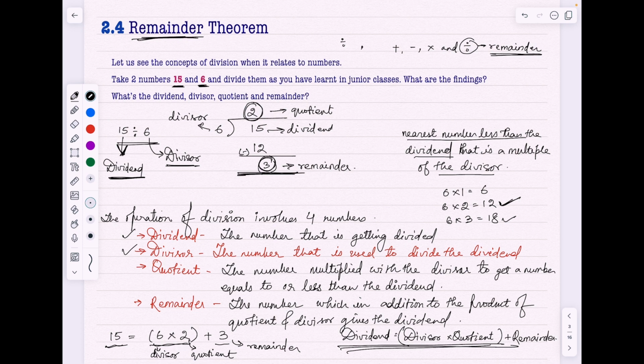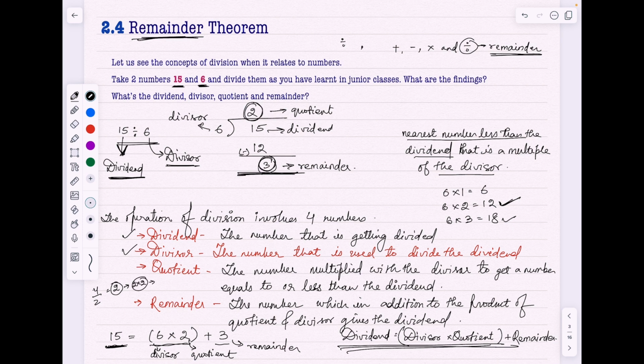So instead of writing 15, when you divide 15 by 6, you are writing 6 into 2 plus 3. In that way, you are getting the number 15. With division you want to know how many times you are going to multiply that number to get the dividend. If I write 4 by 2, we are getting 2, which means that if I multiply 2 two times, I get that result.